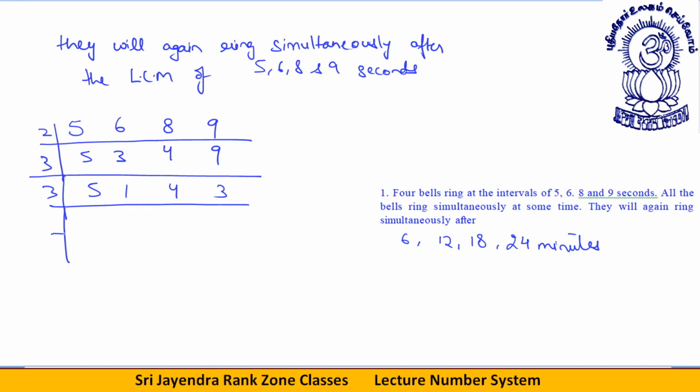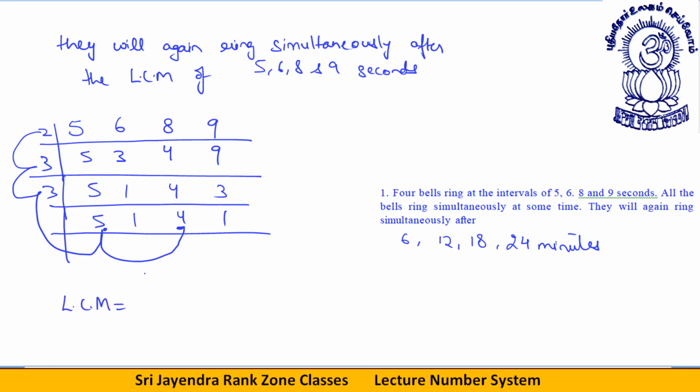I divide by 3. You get 5, 1, 4, 1. Now these have nothing in common, so you can directly say the LCM will be the product of these things. Therefore, the LCM is equal to 2 into 3 into 3 into 5 into 4, that is 8 into 9 into 5.